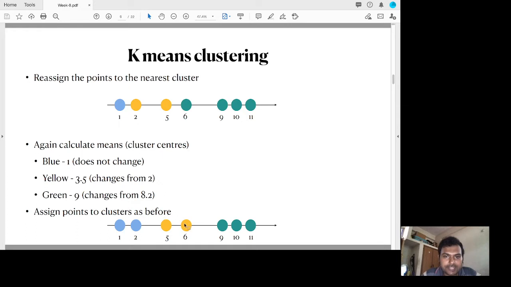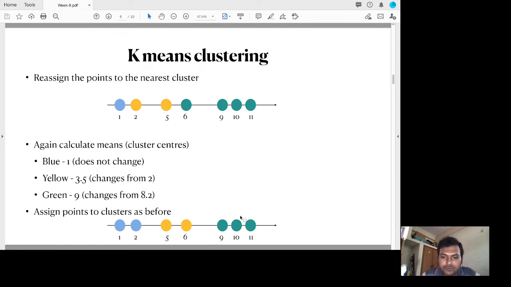Now consider the point 6. The fourth point, which has a value of 6, has a distance of 2.5 from the yellow mean and a distance of 3 from the green mean, which is 9, and therefore 6 now turns yellow. And finally 9, 10, 11, if you compute in the same way, will all be in the green category.